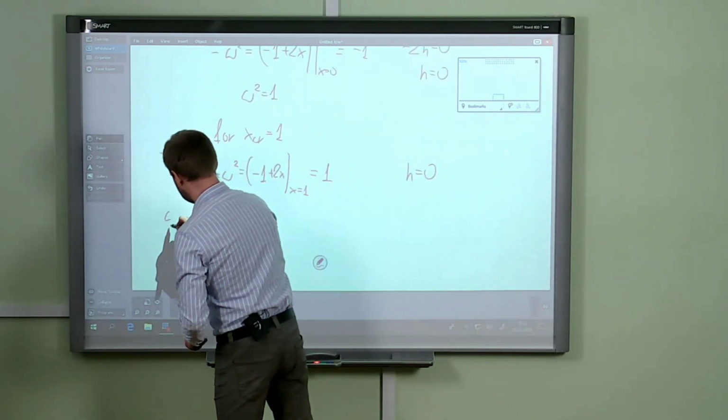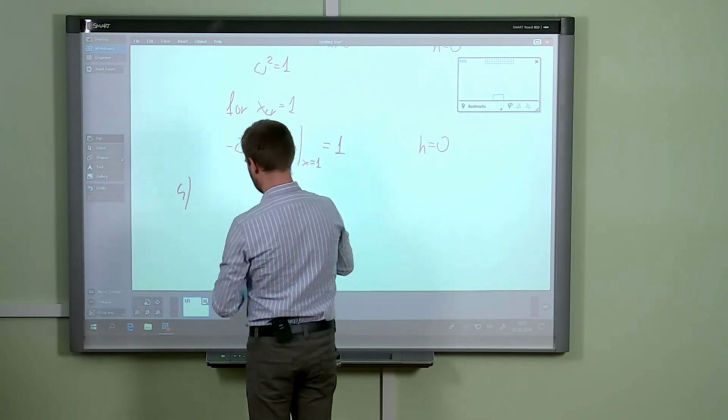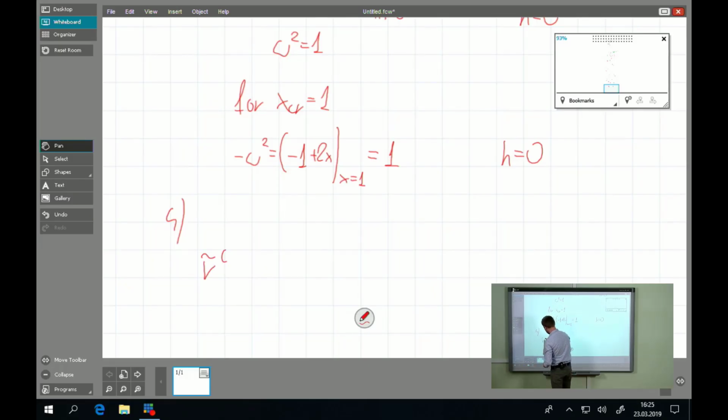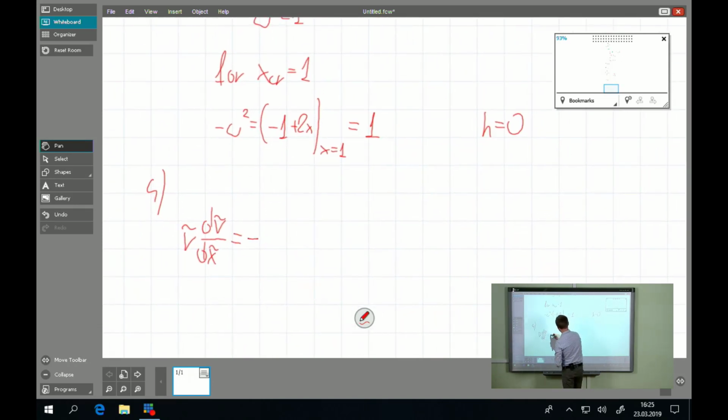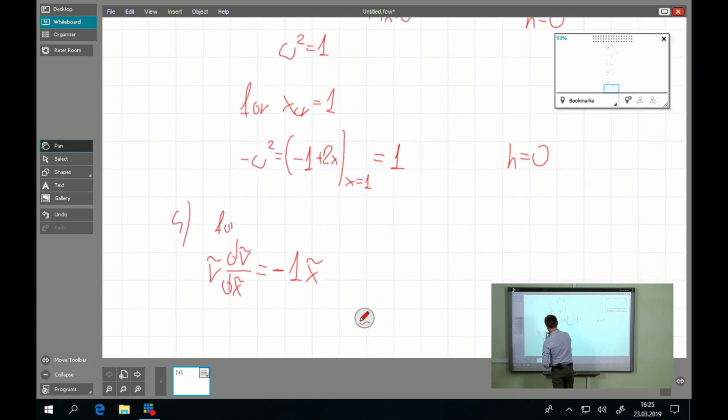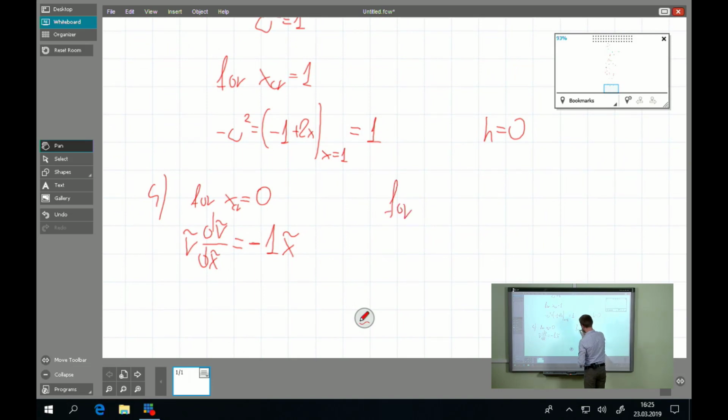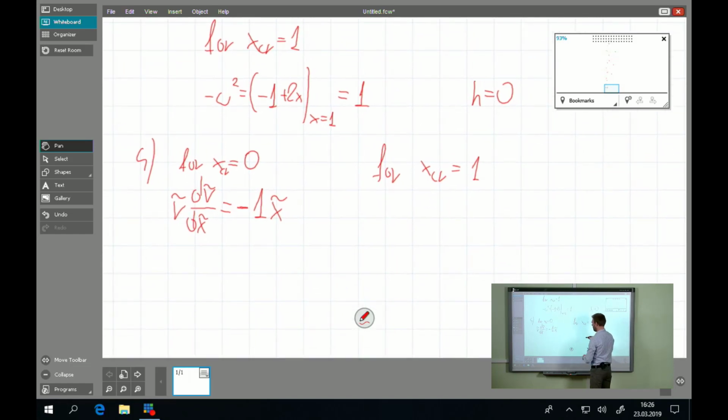And the last step, we have to write down the governing equation in the neighborhood of our critical point. For that case, it will be minus 1 times x tilde equals 0, for x critical equals 0. For x critical equals 1, our phase plane image will be dv over dx.